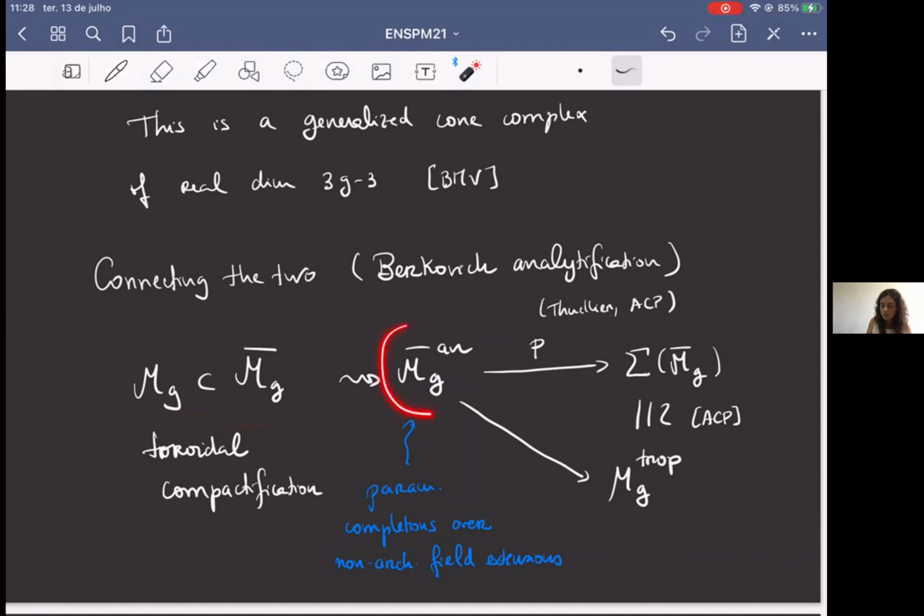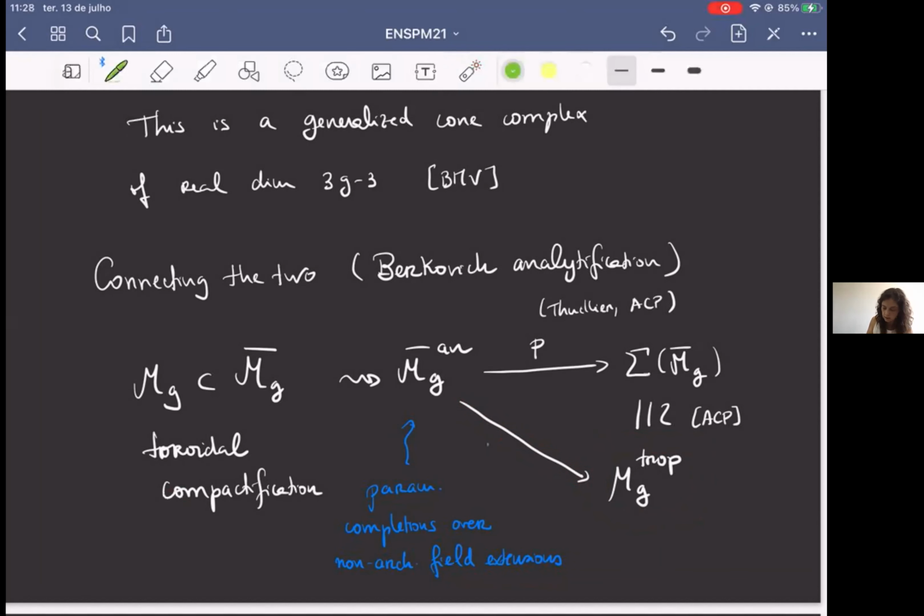So this is an ambient space where all of these dual complexes live, and then you look at the compactification you are dealing with. Using the way you describe the degenerations, and the fact that this comes with evaluation, you can then construct a map to M_g trop. This is called the tropicalization map.